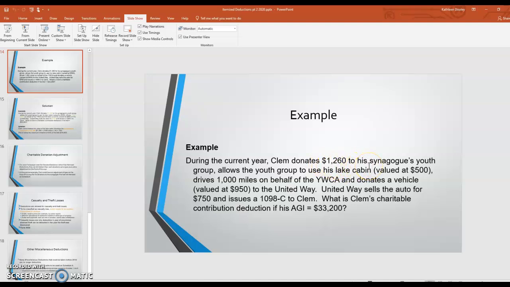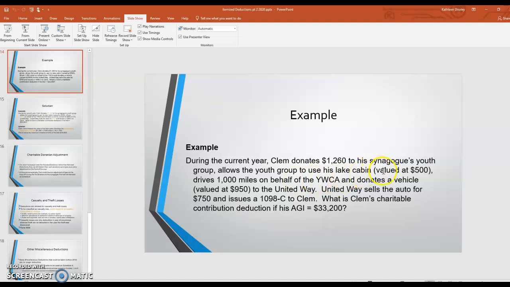The synagogue would have to give him a statement at the end of the year showing that he had donated this amount of money for him to be able to claim it on the Schedule A, but it would otherwise be deductible. He also allows the youth group to use his lake cabin, and that's valued at $500. Maybe they used it for a big picnic thing or something.